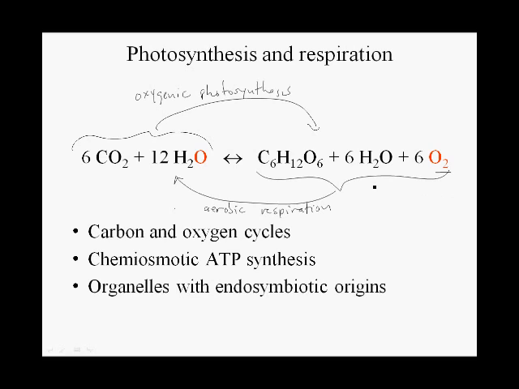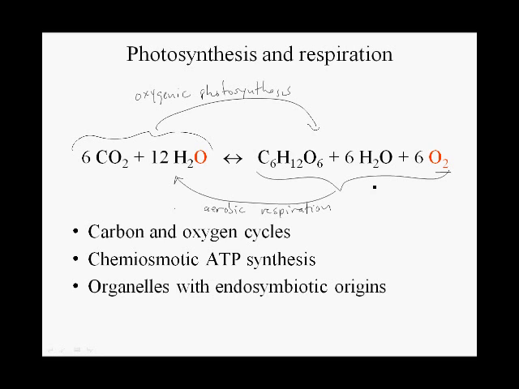But just like there were alternative forms of respiration using alternative terminal electron acceptors besides oxygen, before aerobic respiration evolved, there are other forms of photosynthesis that did not produce oxygen, called anoxygenic photosynthesis.